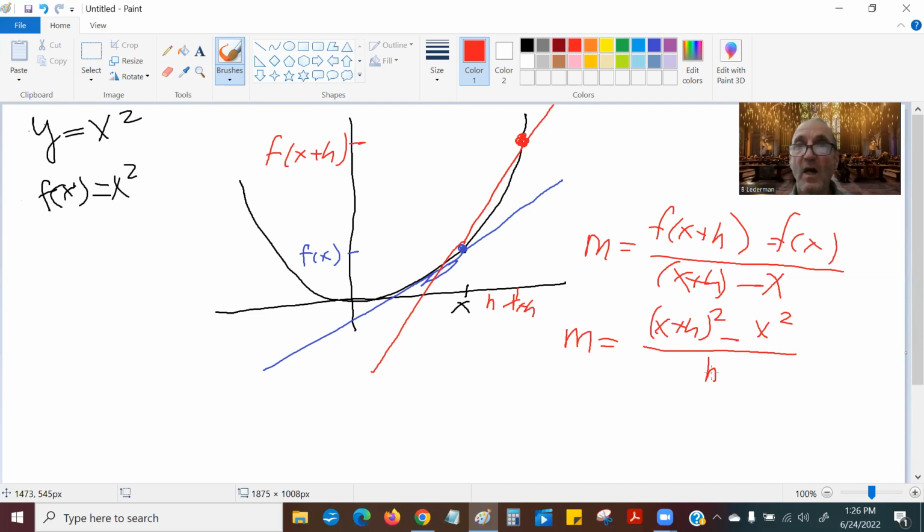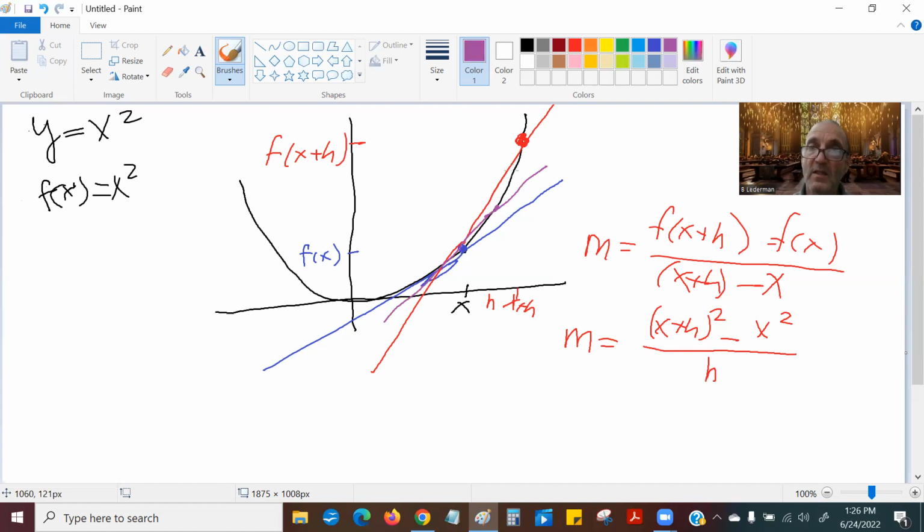Now imagine I would take a secant that's even closer to the original. So if I move to this point, I'm going to draw that secant. Now, you'll notice that the new secant is closer to the blue tangent.